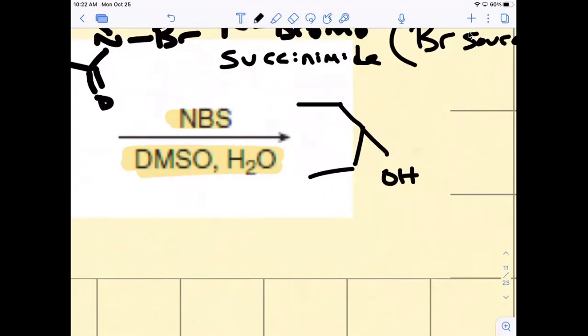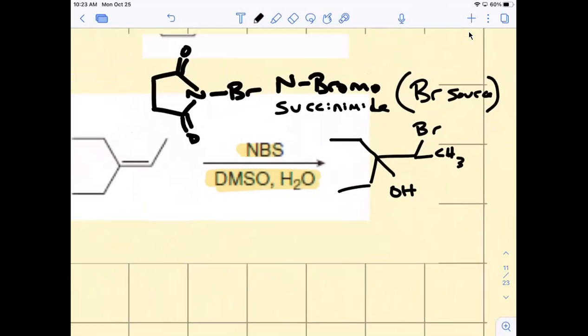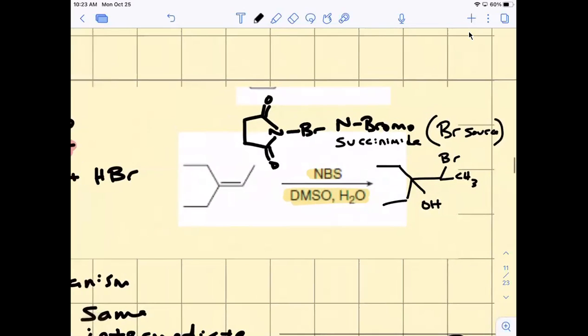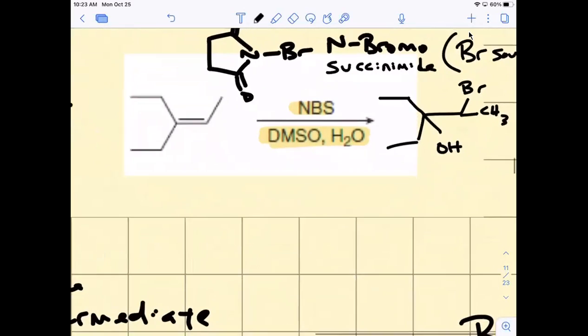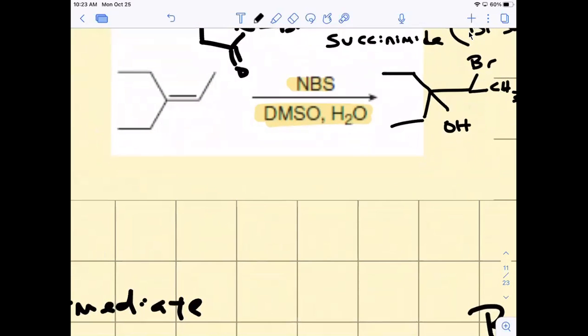I'm going to have an alcohol on one side and a bromine on the other side. That doesn't change the outcome. It's just a different set of reagents. So that's the purpose of making flashcards. If you see this set of reagents, then you know it's also a halohydrin synthesis.